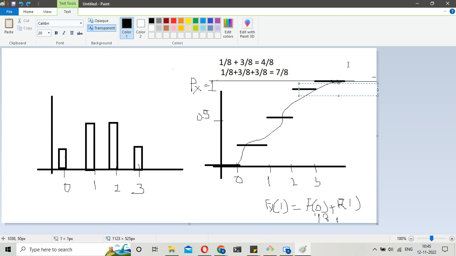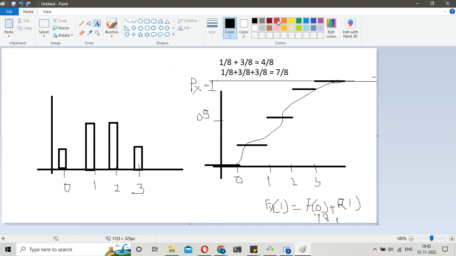Yeah, I should label some other lines. This is F of 2, highlighted in red. In the last one, you are plotting F of 3, that is the probability of getting 0, 1, 2, and 3.